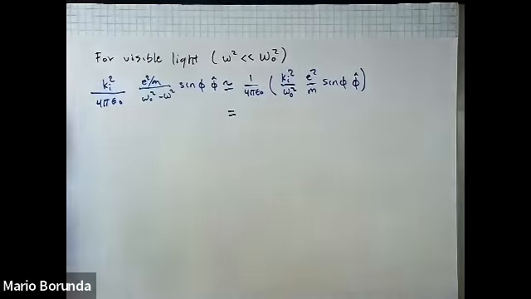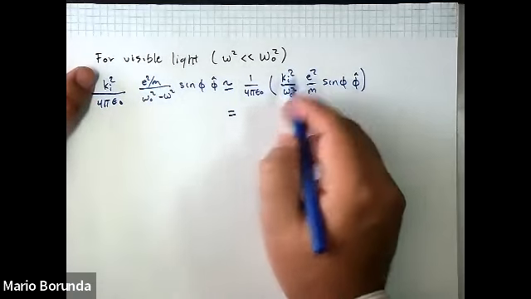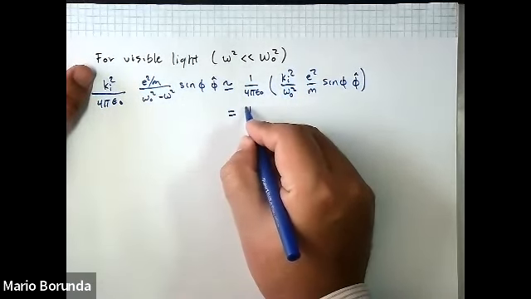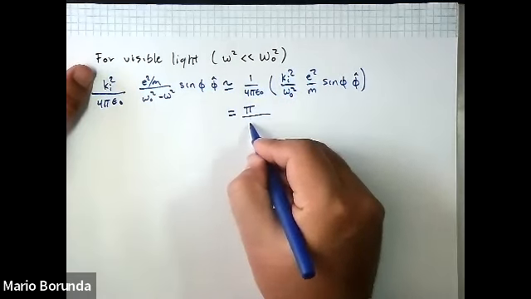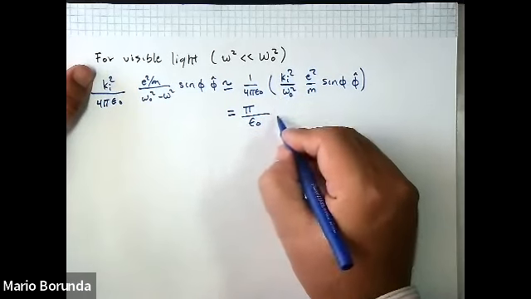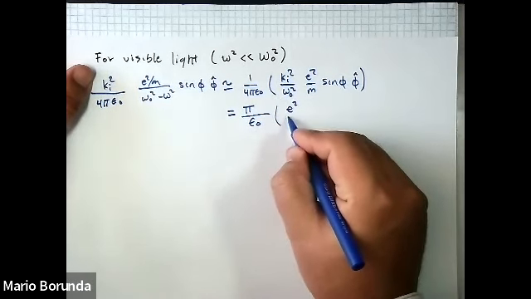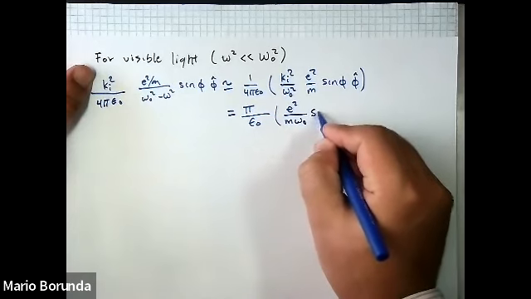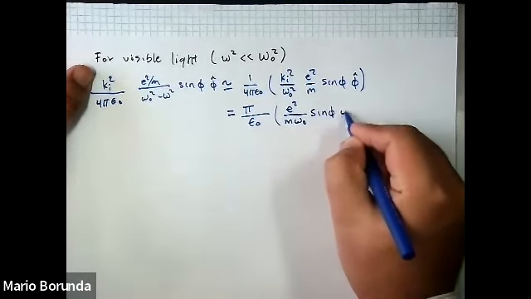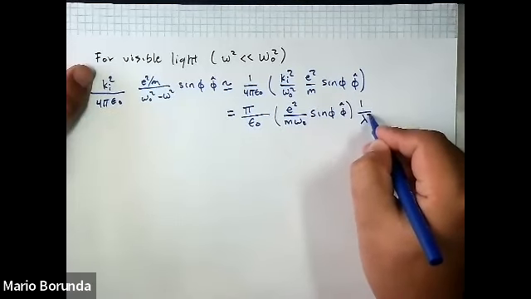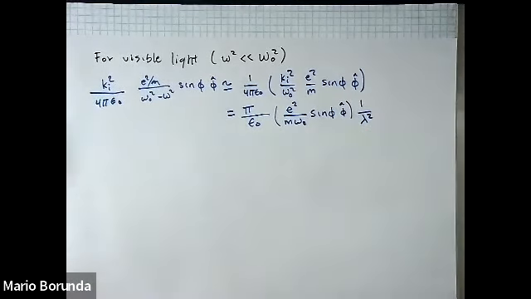So ki squared gives me pi squared, but pi is on the bottom and on the top, so one of them cancels, epsilon naught. And then I have e squared over m omega naught, and then the sine relation from before, 1 over wavelength squared.